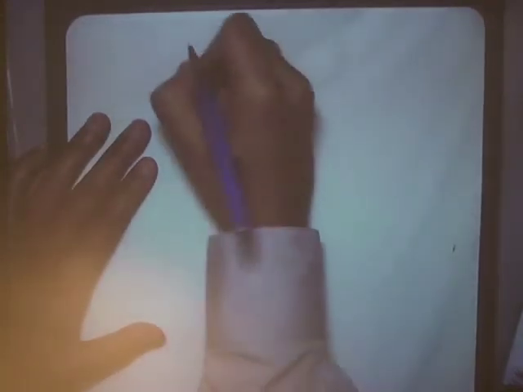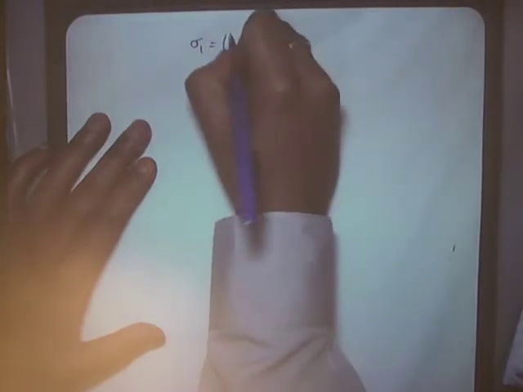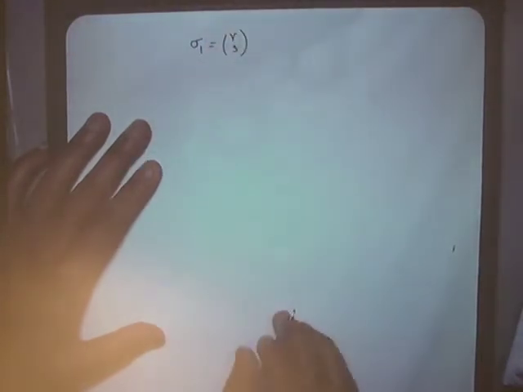And what do you get? Well, you get the following. I'm going to write it in a nicer way. I could write this complicated formula in terms of r and s, but I'll introduce some notation which makes the formula a little nicer. I'm going to let σ1 be the column vector (r, s).